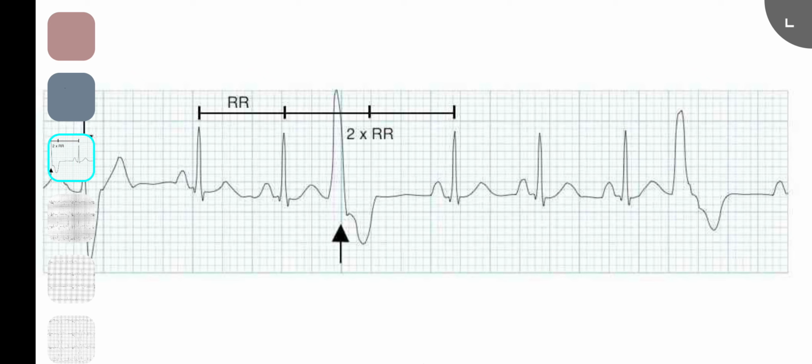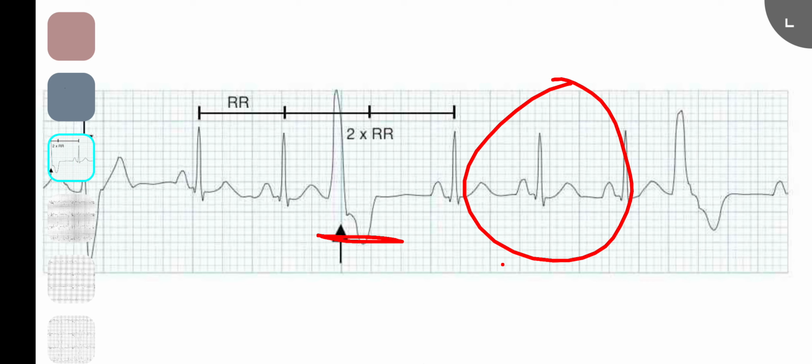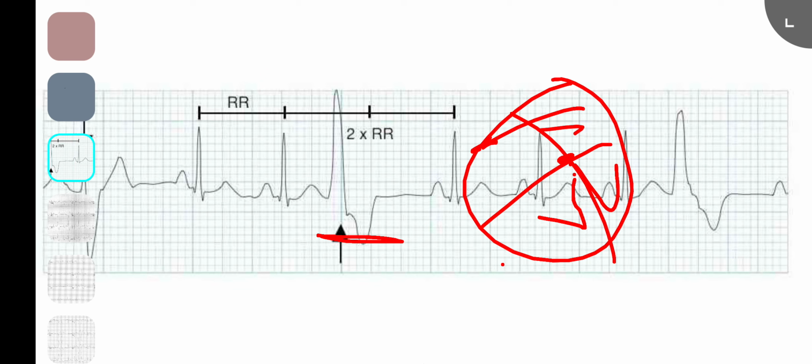What happens is that this premature ventricular contraction bypasses the His-Purkinje system and depolarizes the ventricles directly. Normally, from the SA node it goes to the atria, to the AV node, and then through the bundle of His, the right bundle branch and the left bundle branch. This is the normal pattern of current flowing through the heart.